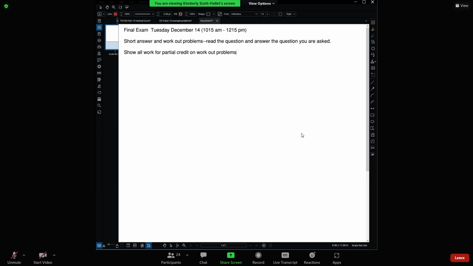If you get the incorrect answer and you have all of the correct variables in there, you're going to get most of the points. On the other hand, if you don't use the correct equation, you don't get any points. So make sure that you're actually showing all of your work. If you're not showing your work, I can't really help you.